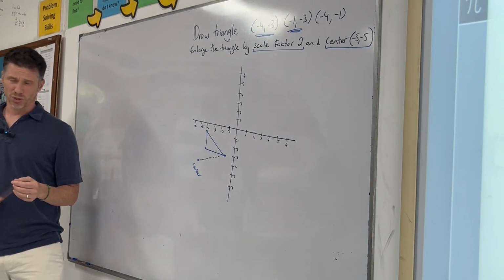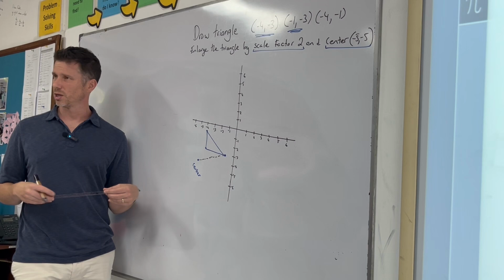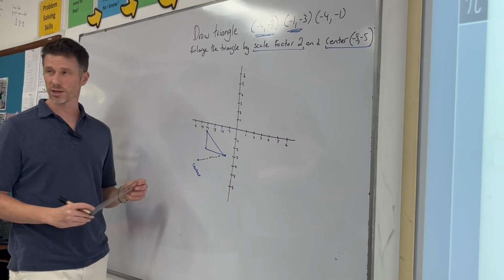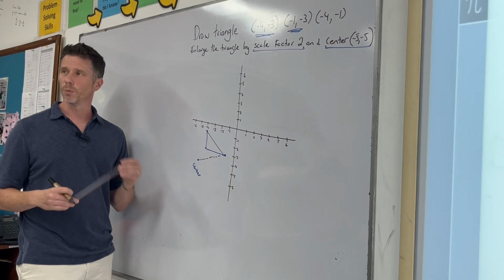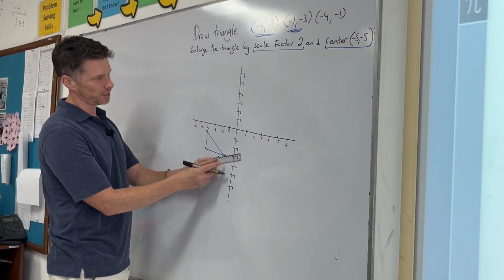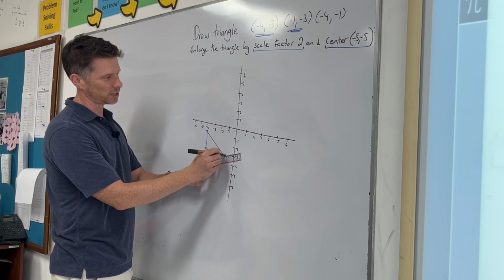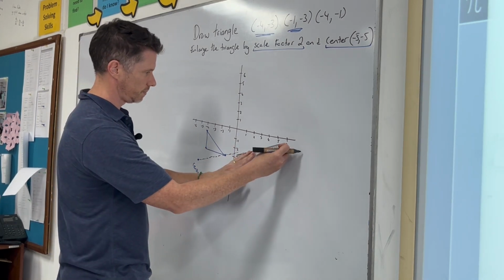So the image corner is going to be twice that distance away. It's going to be another 15 centimeters or 30 centimeters in total from the start. That's the important thing. You double the distances. So 15 centimeters, now I need to go to 30 centimeters. Double the distance.